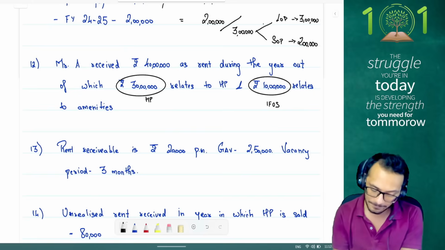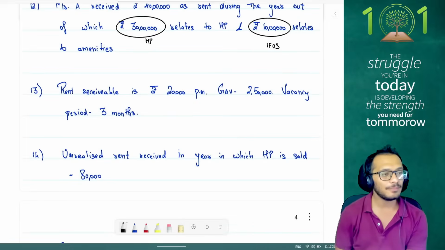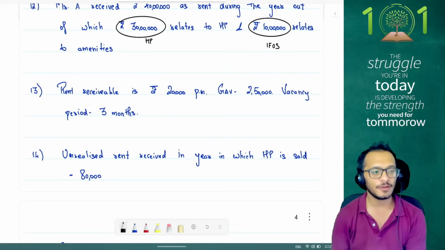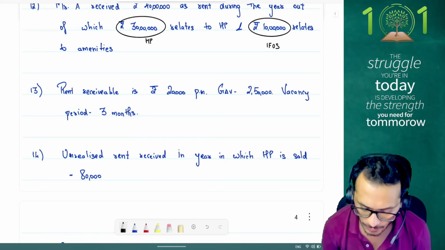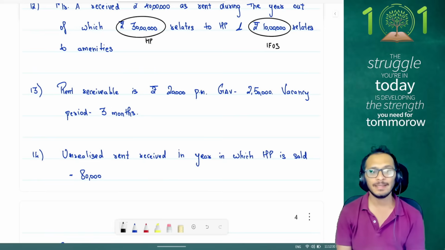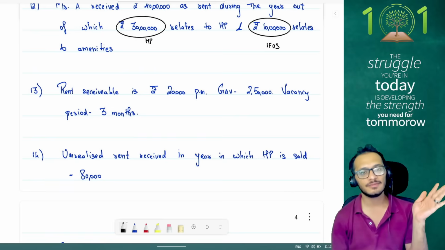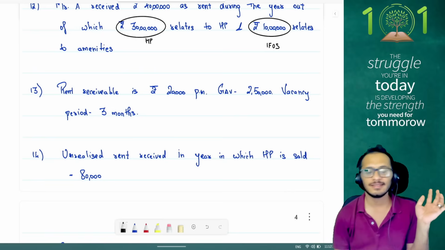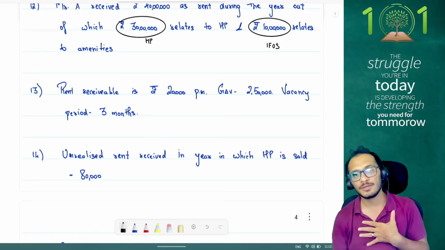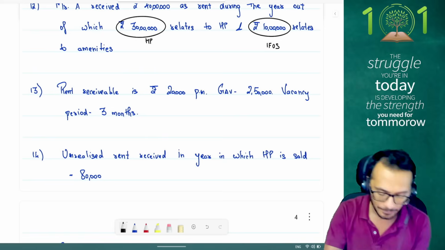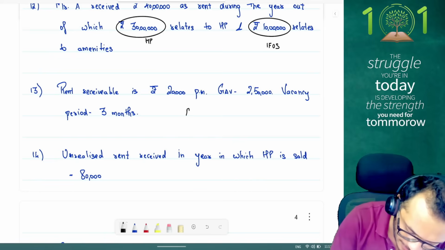Keep that in mind. Next, the very important part on 13, people, which says if your rent receivable is 20,000 rupees per month and the GAV is given as 2,50,000, vacancy period is 3 months. Question says per month I would have received a rent of 20,000. If you check on a yearly basis, my actual rent has come to 2,40,000.